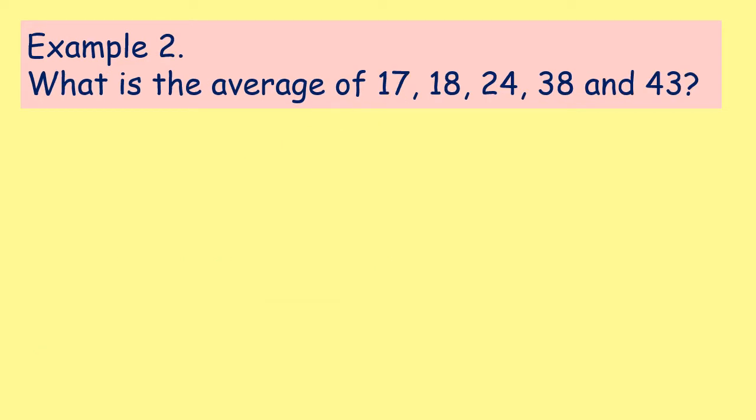In our second example, we've just got a bit larger numbers. Now remember, in science, you're always allowed to use a calculator. So you don't have to struggle and try and do all this maths in your head or on paper. You can use a calculator. Now this time we have the average of 17, 18, 24, 38, and 43.